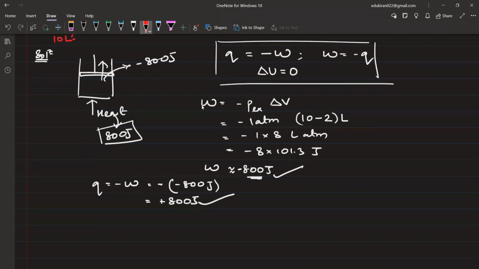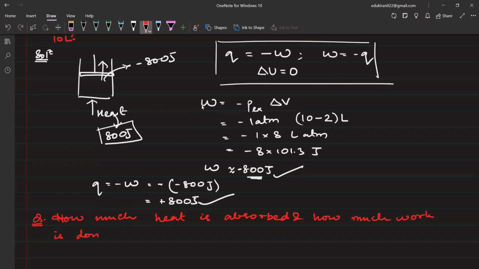There's another question that you can write. How much heat is absorbed and how much work is done if gas expands to vacuum?